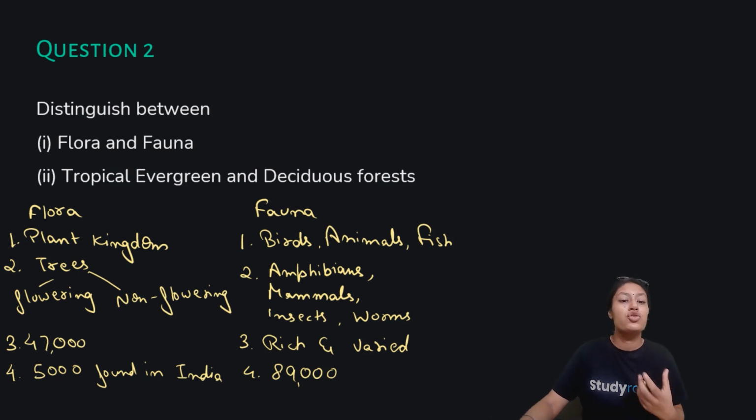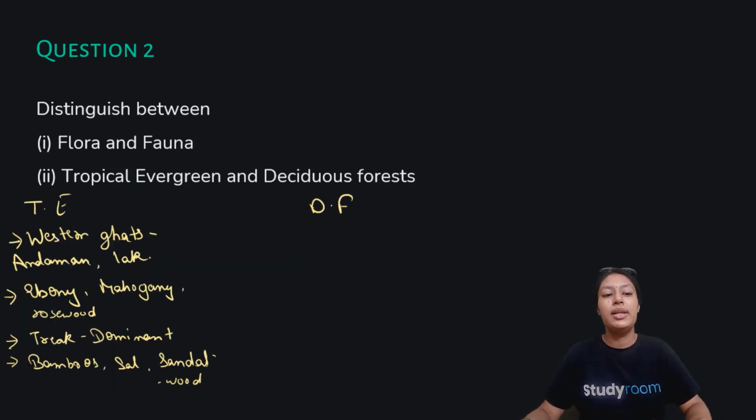Second part is about tropical evergreen and deciduous forest. Let's find this out. First, tropical evergreen forests are evergreens, which means the trees are always there in very huge volume. Where will we find these trees? We will find trees where there is rain. Where is the rain in India?